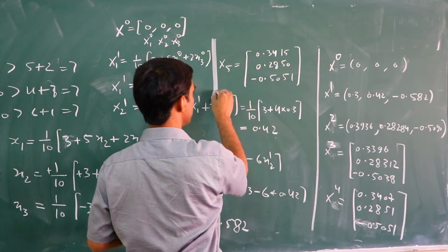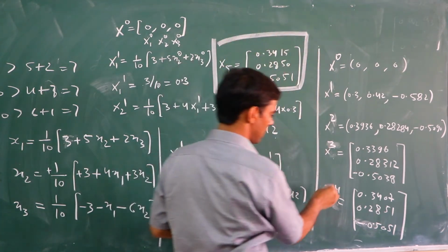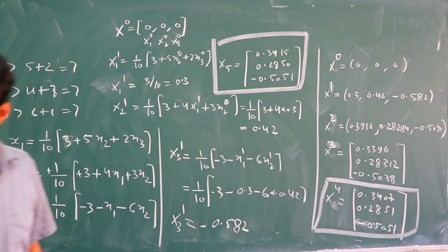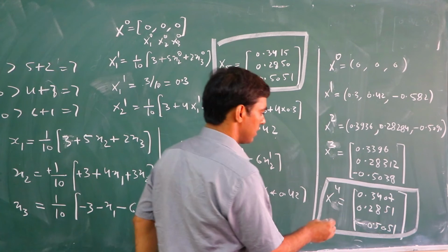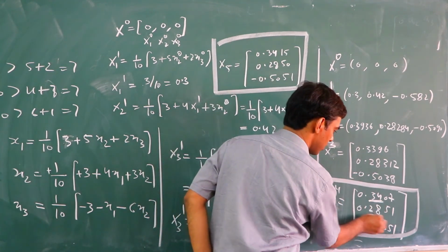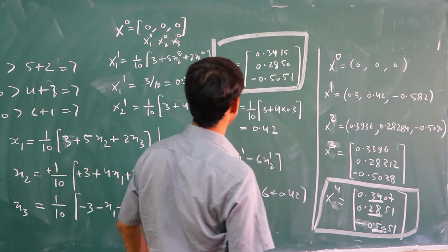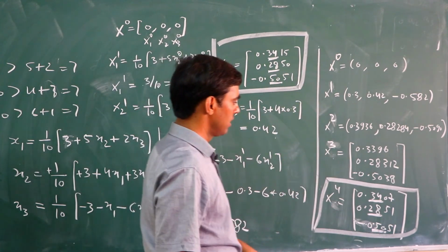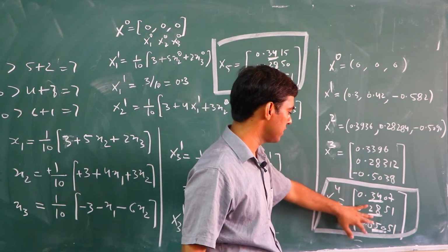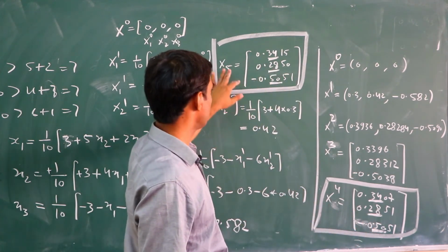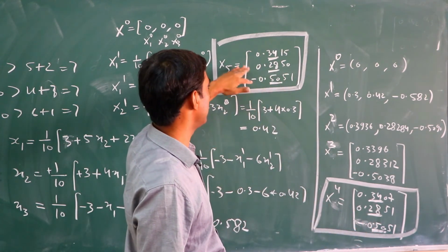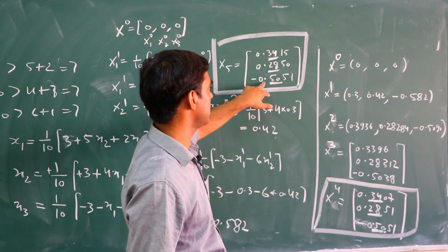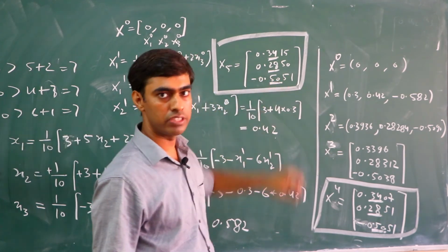If we closely observe here, the values at the 4th and 5th iterations repeat: the solution is repeated up to 2 decimal places. So up to 2 decimal places after 5 iterations, we say that x1 is 0.34, x2 is 0.28 and x3 is minus 0.50.